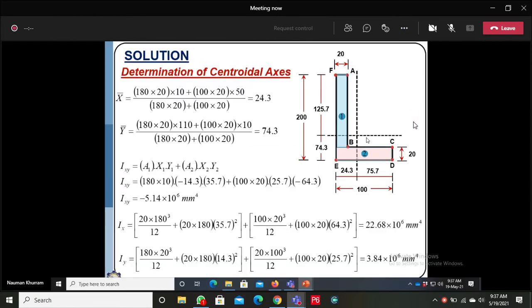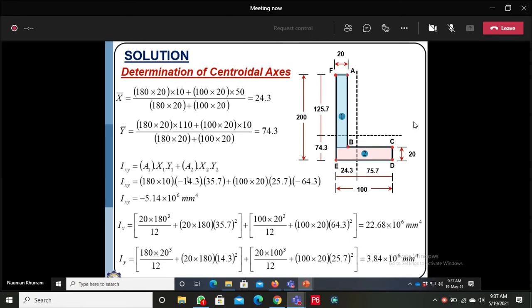It will be negative because y is in the negative, downward direction, since the centroid of area 2 is in the fourth quadrant. After computing, the resultant answer for the product moment of inertia is minus 5.14 into exponent 6. I have already told you that the product moment of inertia may be negative or positive, but the moment of inertia about the x-axis and y-axis will always be a positive quantity.